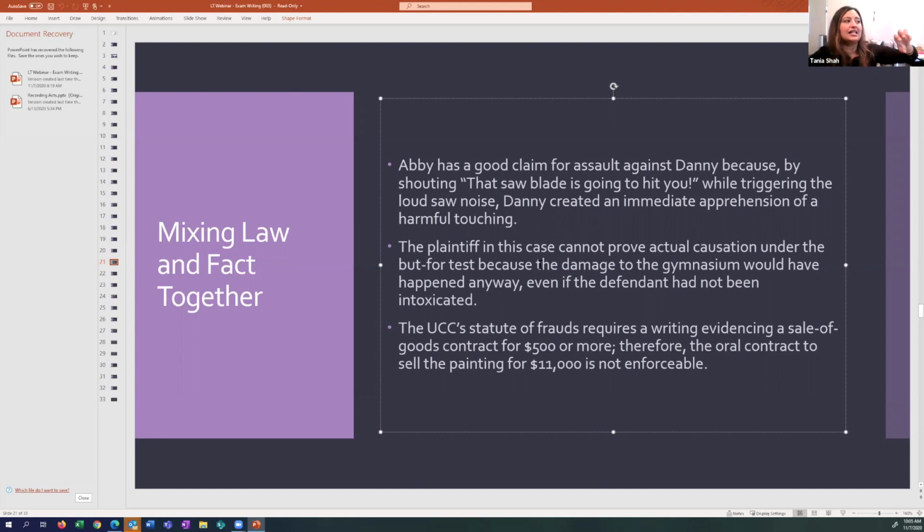But this is exactly how you want to practice writing your sentences. It may not be enough of an analysis for assault because you might have to talk about other things, but this is an analysis of what apprehension is. And that's key. As long as you know how to write your sentences like this, your professor will be so happy.